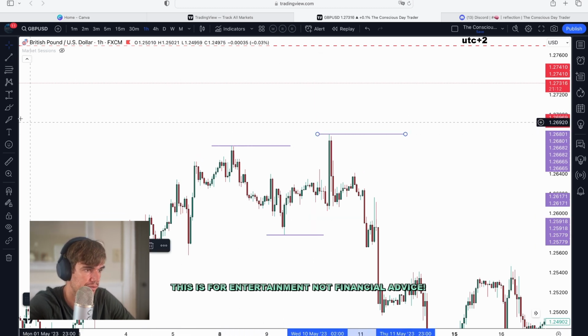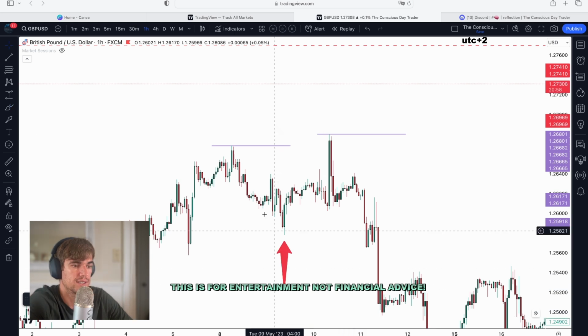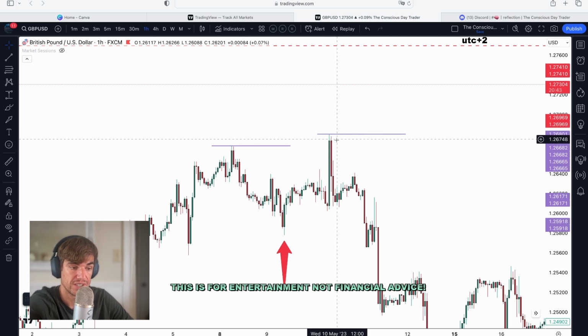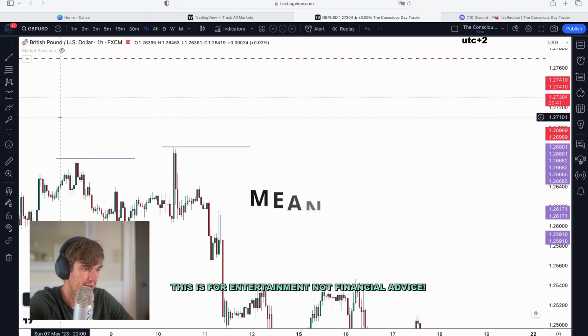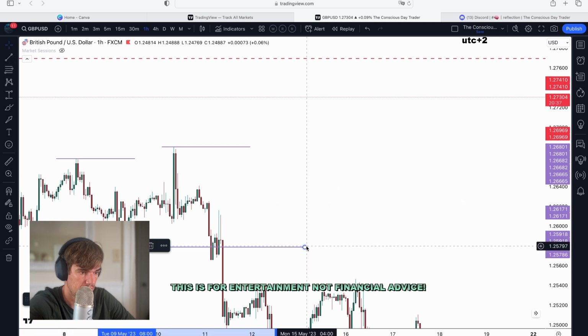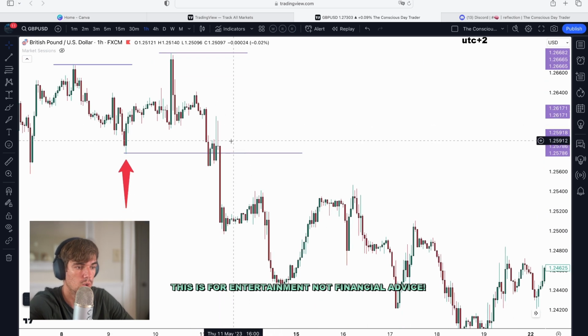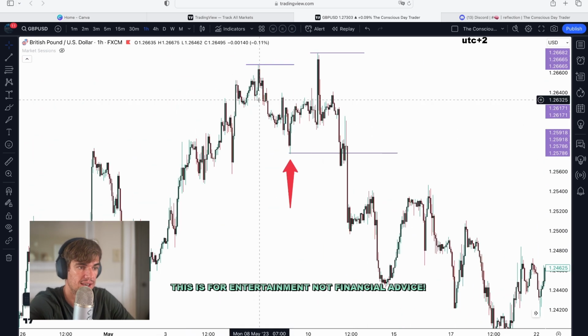So if we do the same here, this is the high creating the low, sweep of the buy side liquidity. Now what we're looking for is the break below the low, so we're going to need a line here, which happened there and retraced back into where we're going to take an order for delivery of price down.